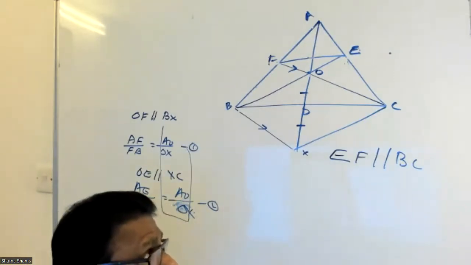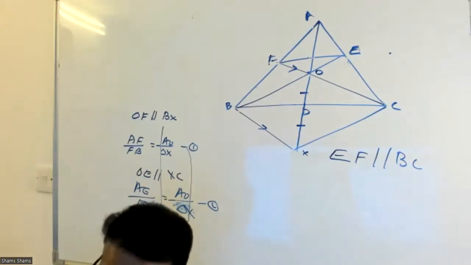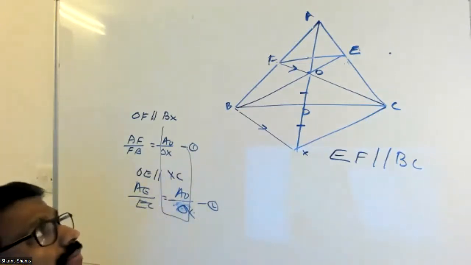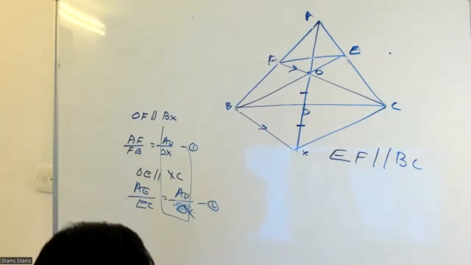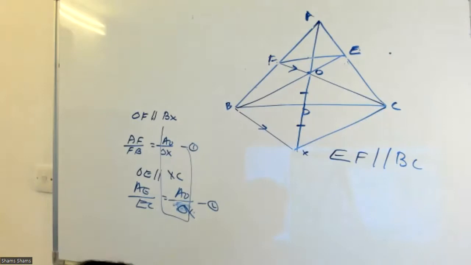Therefore, BOCX is a parallelogram. Reason: in a quadrilateral, if diagonals bisect each other, it is a parallelogram. Hence, CO is parallel to BX, and BO is parallel to CX.